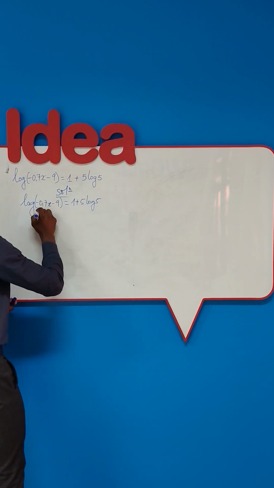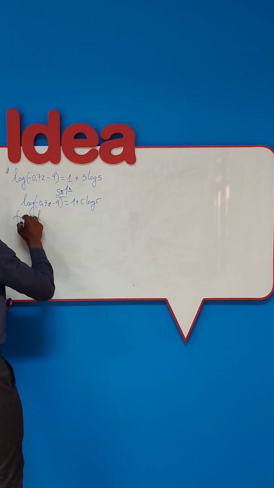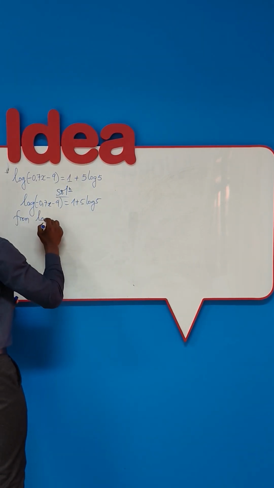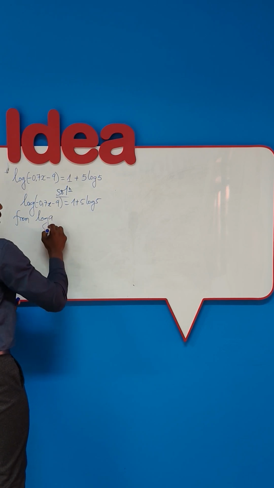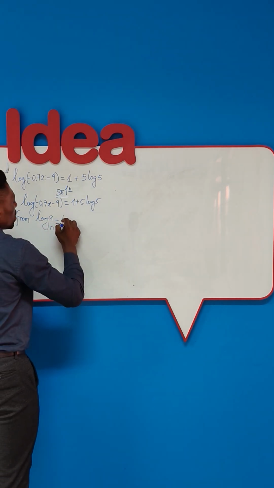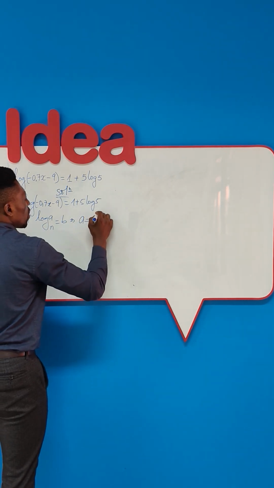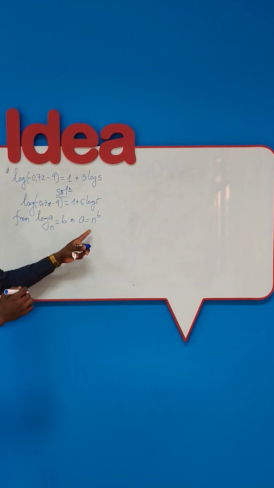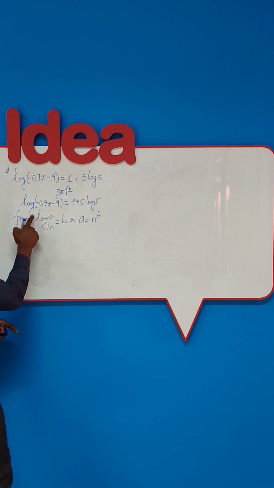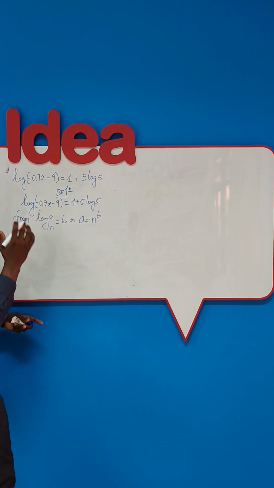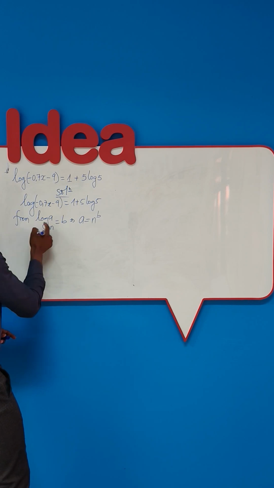Now we will say from log of a to base n is equal to b, it implies that a is equal to n to the power b. Now look at this. We also know that this is log. If nothing is on the base here, it means the base is 10, alright? So let us apply this.